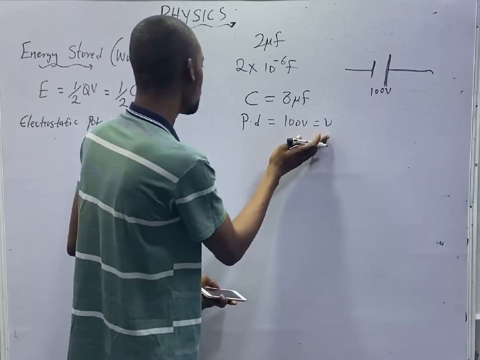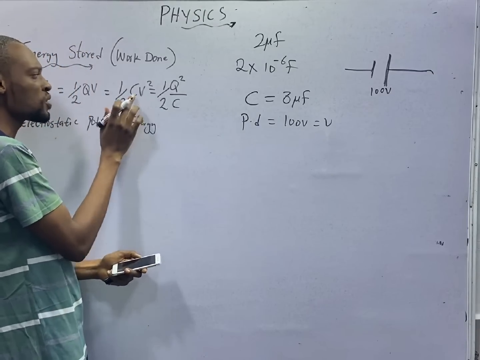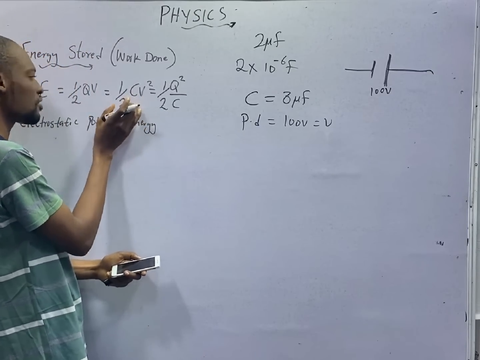Since we have V and we have C, the formula that allows us to use C and V is half CV squared.